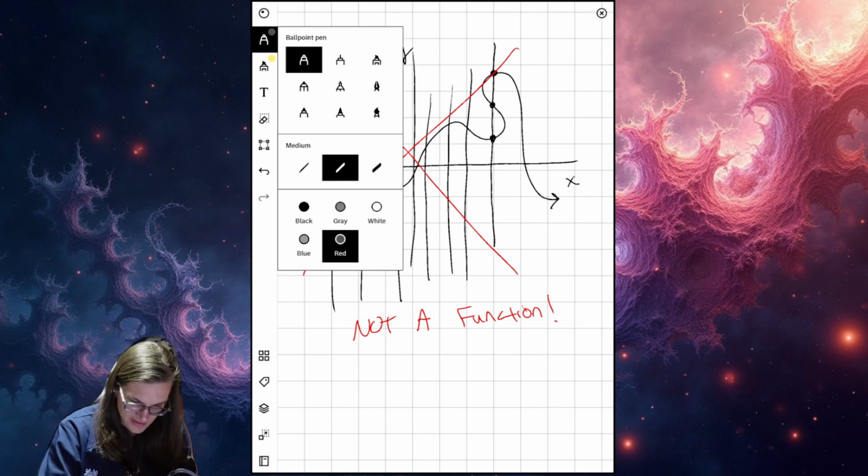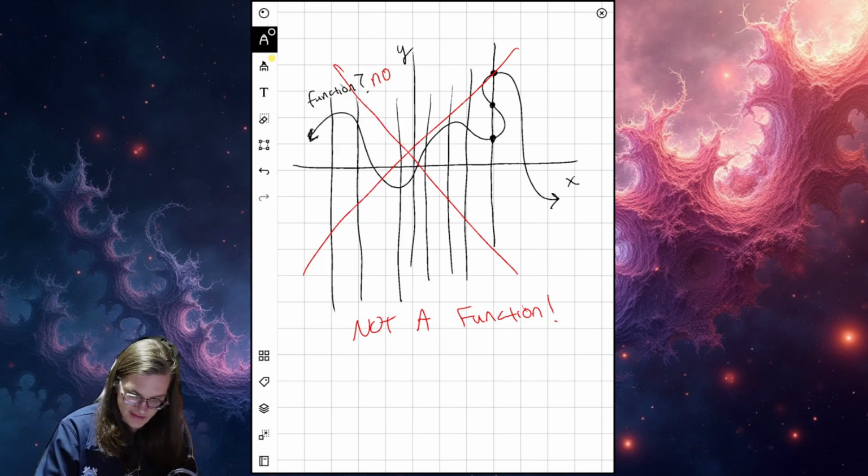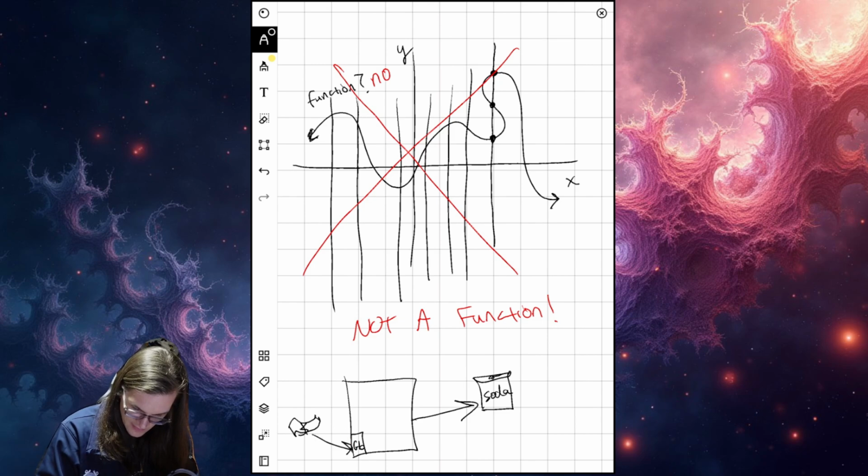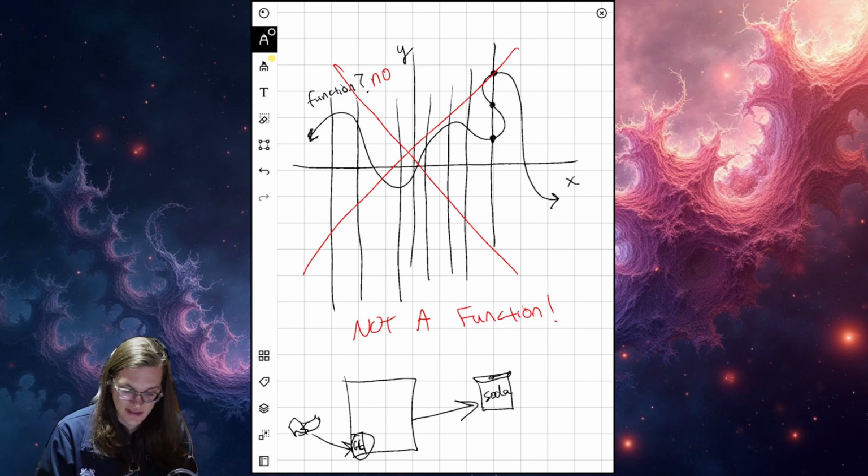And if we go back to our definition, why is this the case? If we have our vending machine and you choose G6 on the little pad, you should only get out, say, a soda. If you put in your dollar and punch in G6, you should only get out a soda. If you punch in G6 and sometimes you get out a soda and then sometimes chips, sometimes candy, that's not a function.